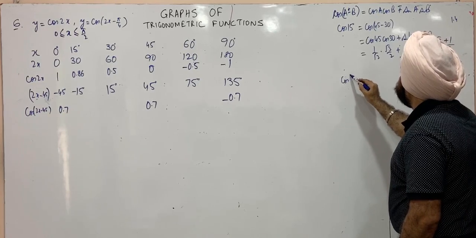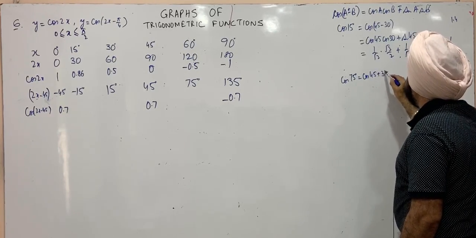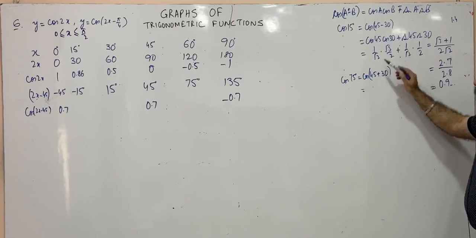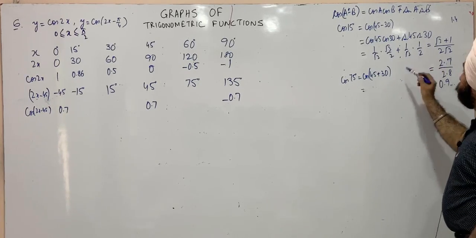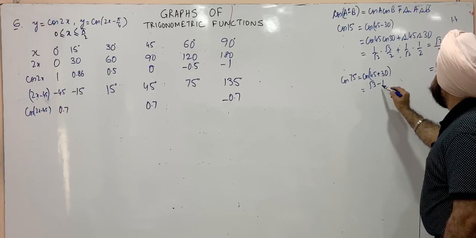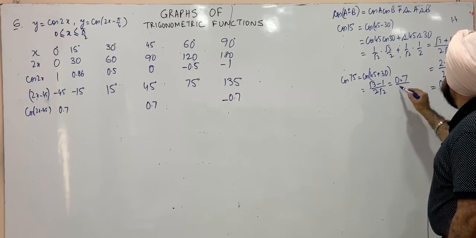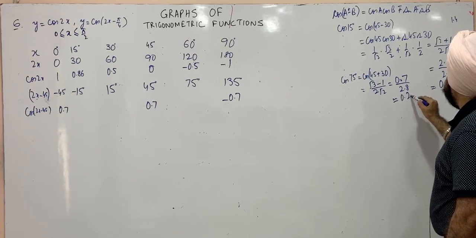And cos of 75 can be written as cos of 45 plus 30. The only difference here will be cos a cos b minus sin a sin b. It will be this value minus this value. That's root 3 minus 1 by 2 root 2. This is 0.7 upon 2.8. This is roughly 0.25.